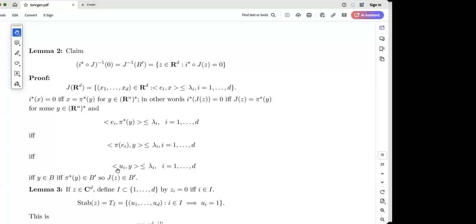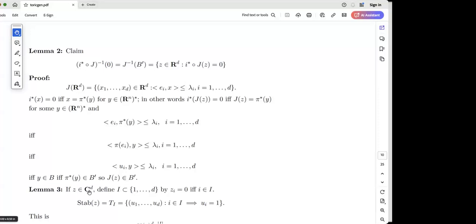So that says that u_i of y is less than or equal to lambda_i, which is the characterization of this polyhedron in terms of these intersecting half spaces. So this is if and only if y is in B, or pi star of y is in B prime. So that tells us that J of z is indeed equal to B prime.